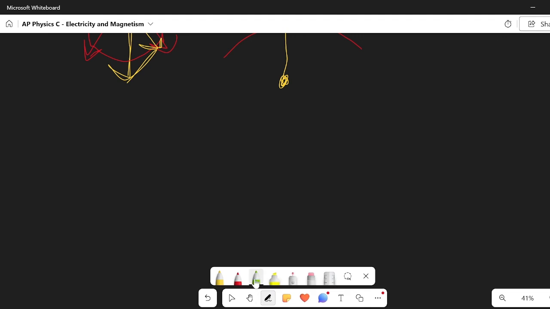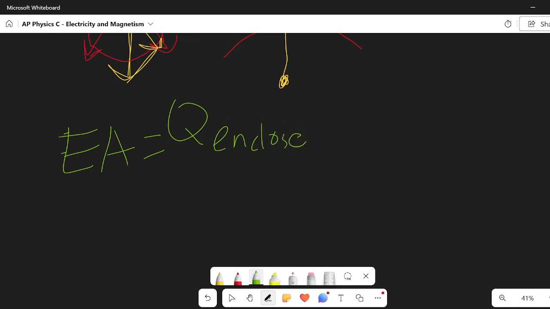So if we go back to our Gauss's law, for the last one we had 2EA, this time we just have EA, which will equal Q enclosed over E naught.